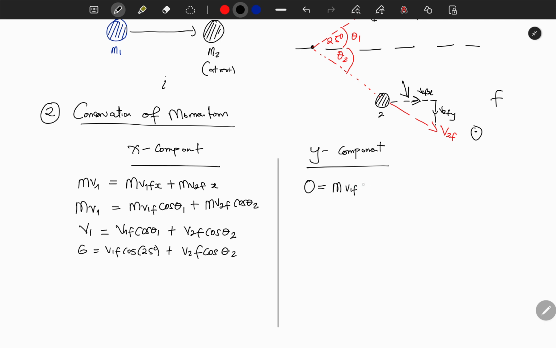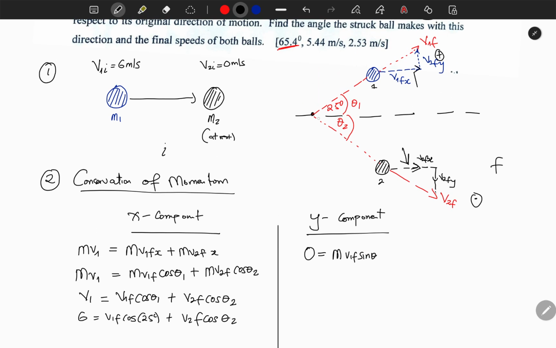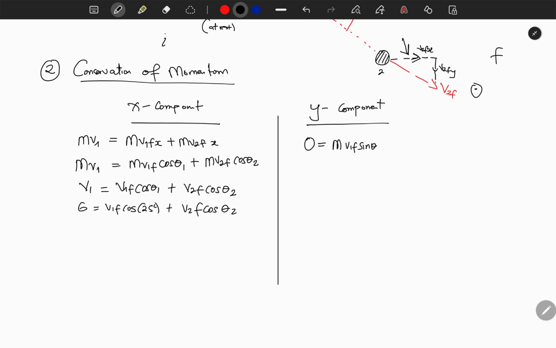Remember, in the y we always take sine. Now we take sine if the angle is attached to the x-axis, because this is the x-axis and then we have the y-axis here. So if the angle is attached to the x-axis and you have an x component, take cosine. If the angle is attached to the y-axis, you do the opposite, all right? So this one will go to the negative part. So m v2f sin theta 2.